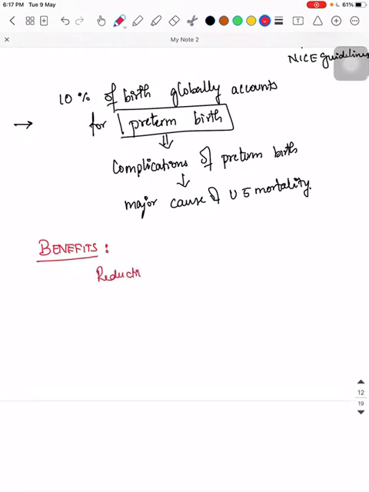So it leads to a reduction of neonatal death by about 32%, and a reduction in respiratory distress syndrome by 35%.